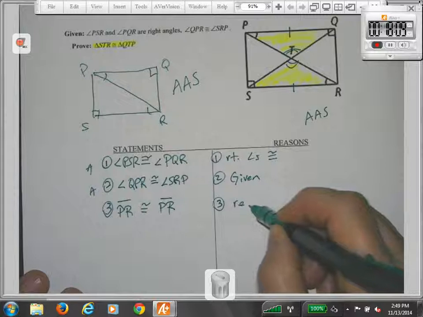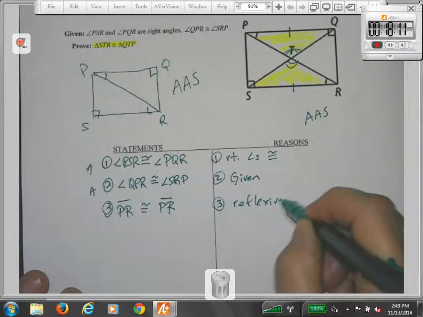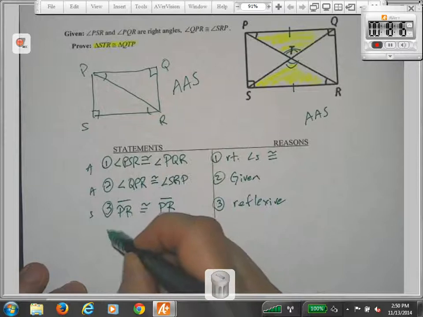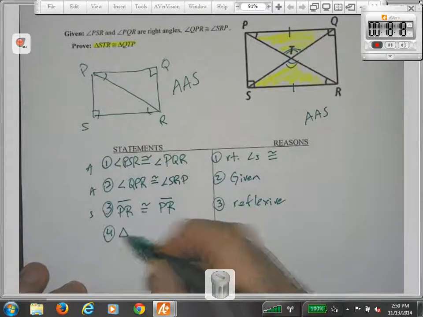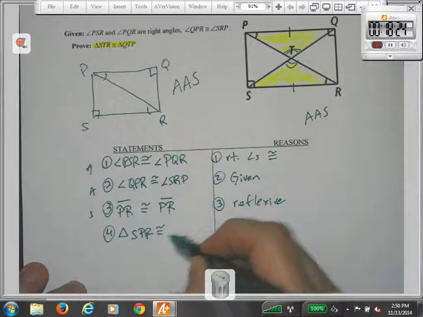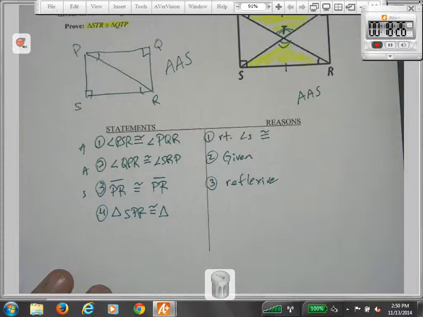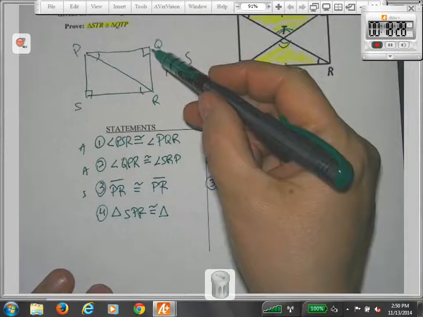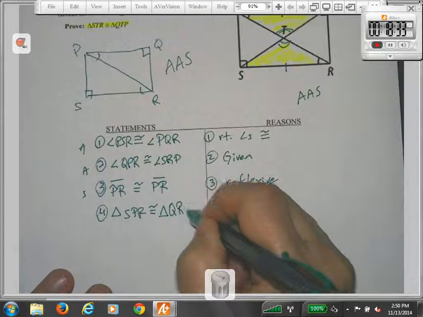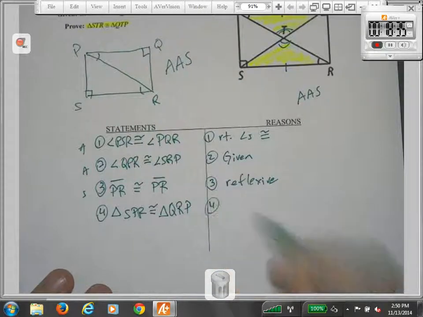Okay, there we've proven two triangles, so now I need to list them. So triangle SPR congruent to triangle QRP, and that is again by angle, angle, side.